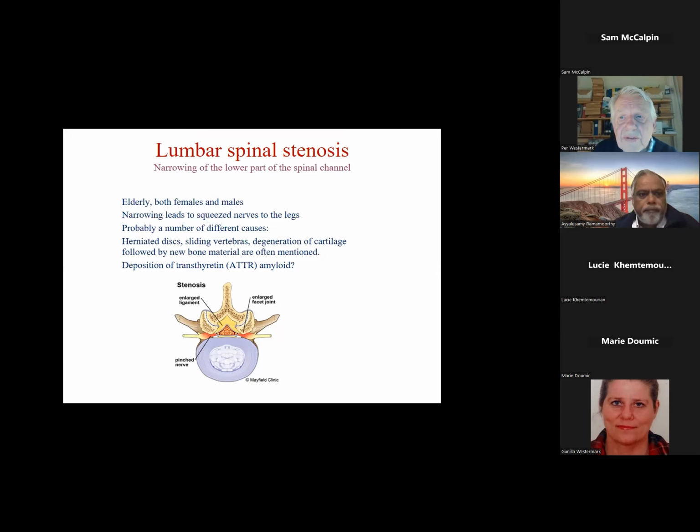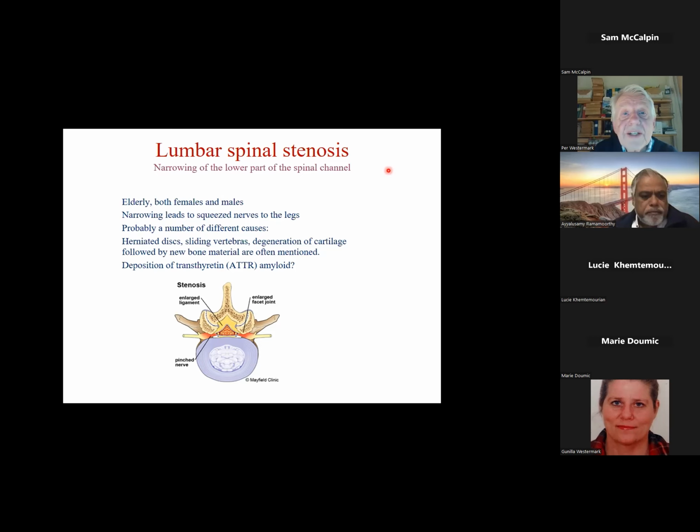I would like to say something about type A amyloidosis as well, since there is now strong evidence that there is some association between wild type, which is type A amyloidosis, and different diseases in joints and ligaments.